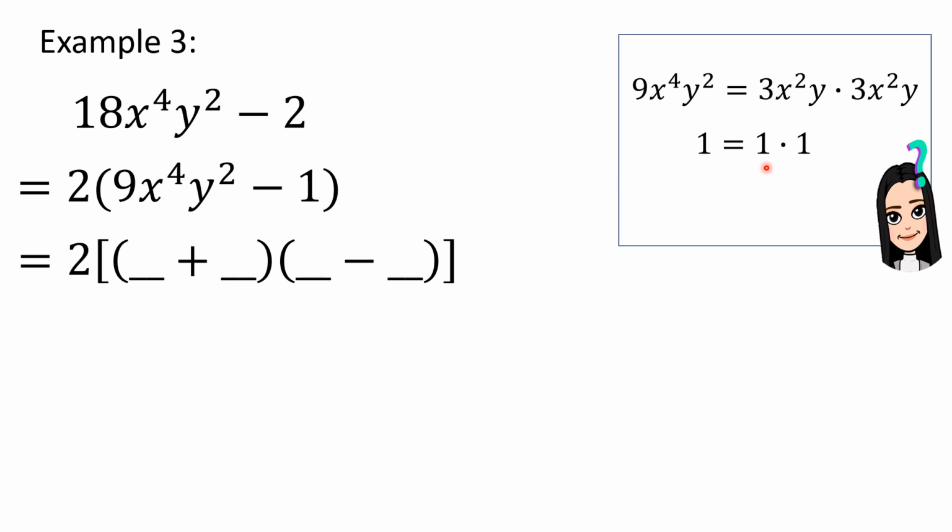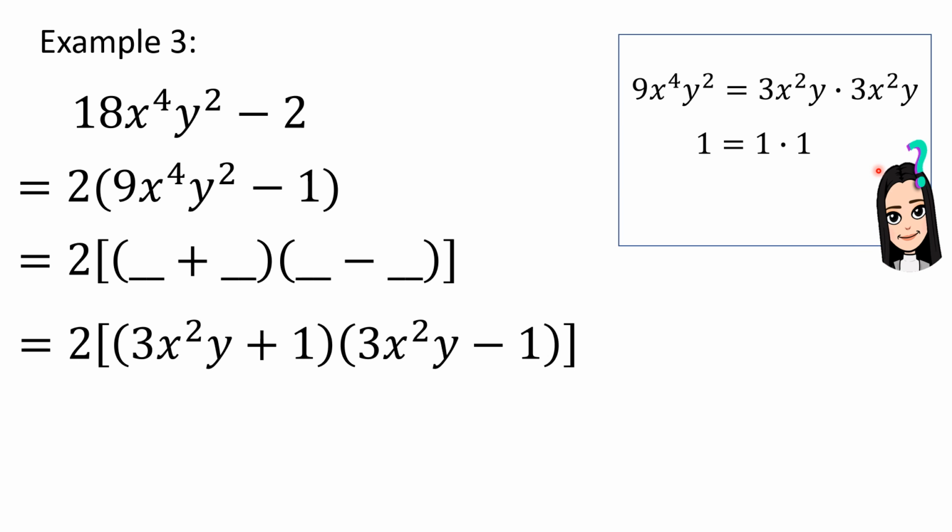Of course, it is just 1 times 1, so that is equal to 1. Then we copy our final answer from here. 3x squared times y is here, then 1 plus 1, then 3x squared y minus 1. So you just copy 1 in here. So this is now the factored form of our given example.